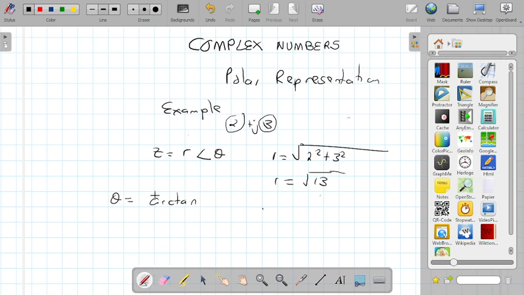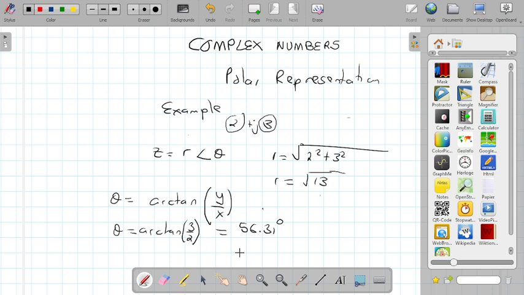Others also like to distinguish between using uppercase A and lowercase a, but we don't want to worry about that. So let's just say that that is y over x. And theta is equal to arctan of 3 over 2. Great. Now this is equal to, after calculation, you should find 56.31 degrees.